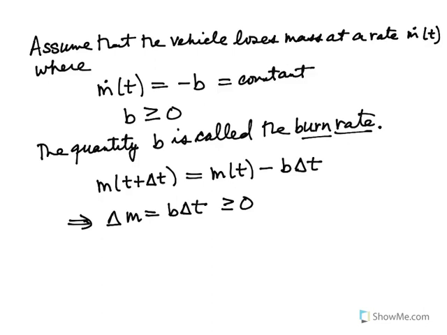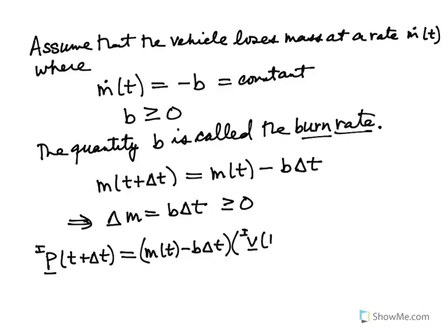So as a result, we can write the linear momentum of the system at t plus delta t as m of t minus b delta t times vi of t plus delta vi. That's the linear momentum of the body. And then we've got plus b delta t times v delta m I.